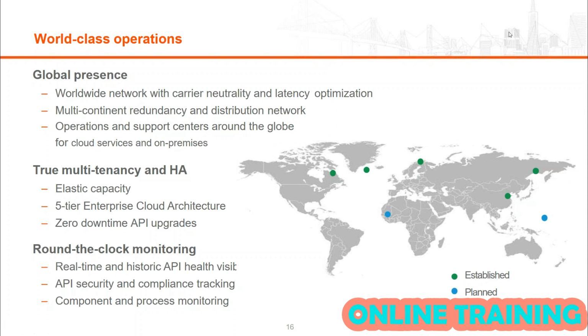Okay. So again, what this APG gives us is a global presence. You can access it from anywhere, right? There are no downtimes. There is the cloud architecture that it gives you, that 5-tier architecture: backend, API, developer, client, and end user.